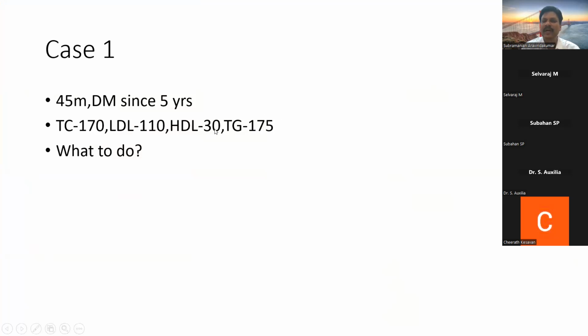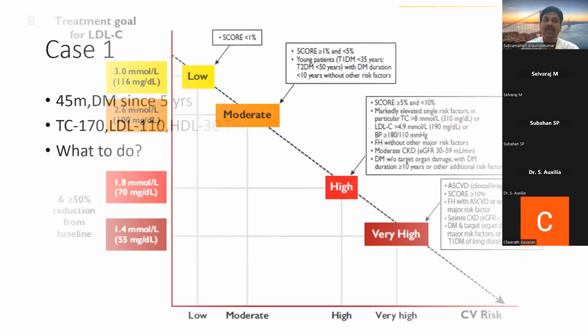Ratio 175 by 30, more than 5. 150 by 30 is 5, so more than 5, it is closer to 6. It means predominantly 85% of the LDL cholesterol is small dense LDL cholesterol. So straight away we know the patient is at high risk of having coronary disease.